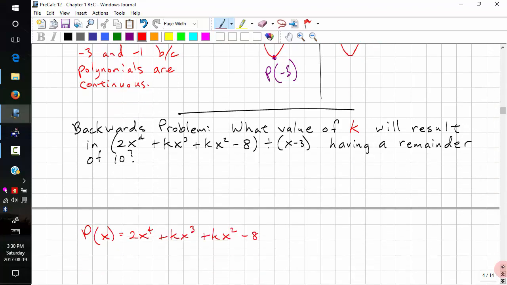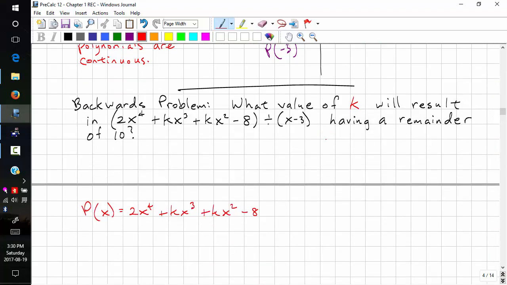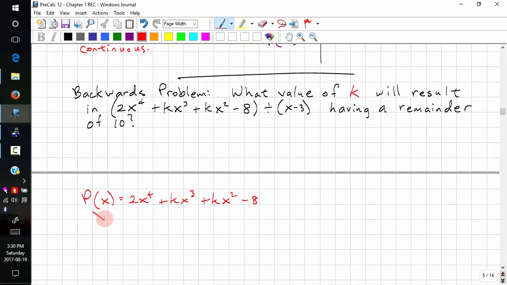Okay, backwards problem. What is the value of k that will result in 2x to the power 4 plus kx cubed plus kx squared minus 8 divided by x minus 3 will have a remainder of 10? So x minus 3 means that a equals 3.